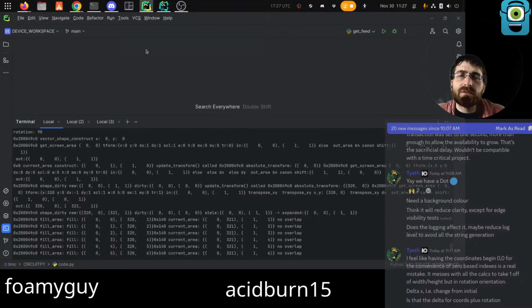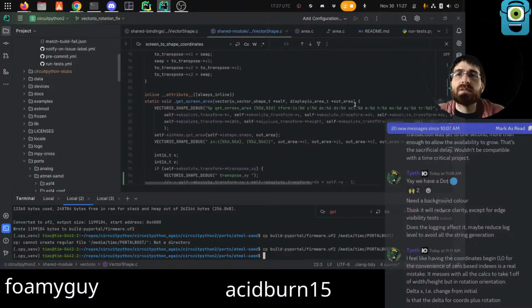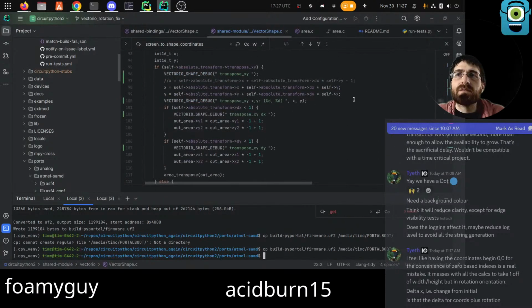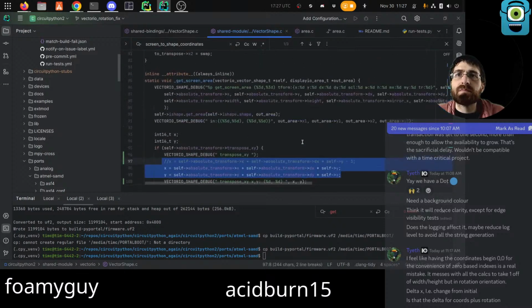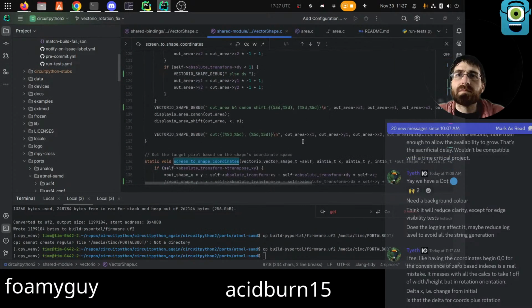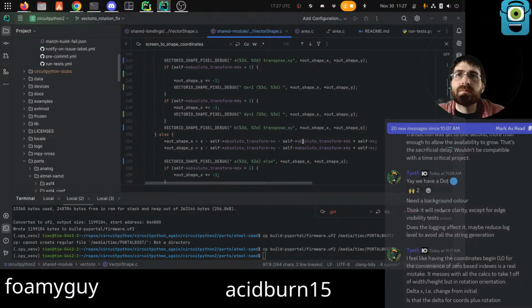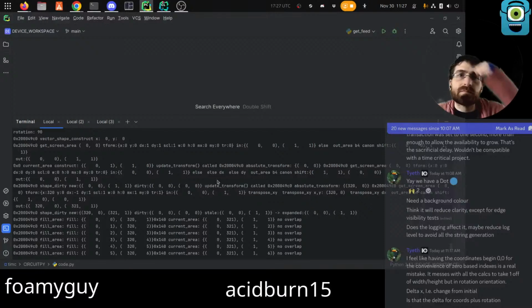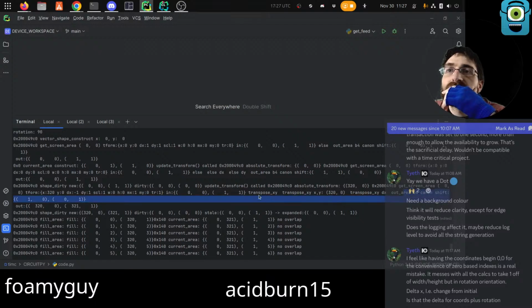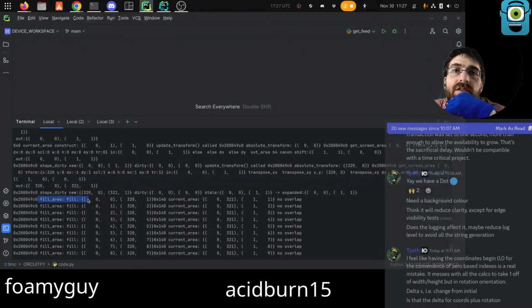And this is currently original code, I'm pretty sure. Yeah, original code. Which puts us outside the display, which means we don't get a fill area fill with anything useful in it.